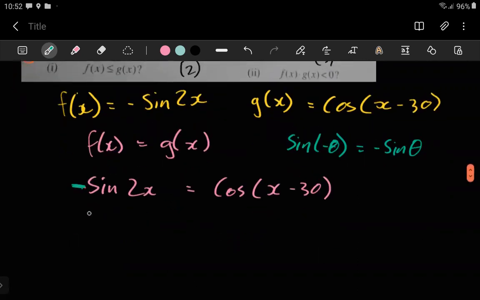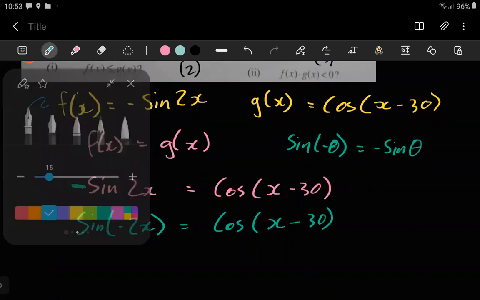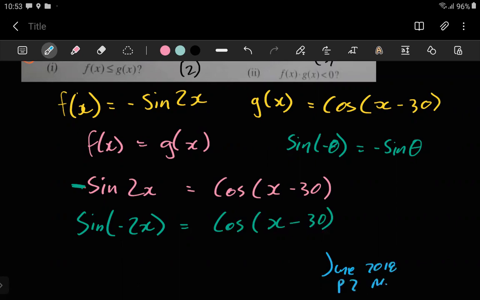So the first thing you can do for yourself is rewrite this like sine of negative 2x equal to cos of x minus 30. Now from the trigonometry course, and also from recently the math paper 2 that I went through, the June 2018 paper 2 memo, the trig section, we had a question like this.